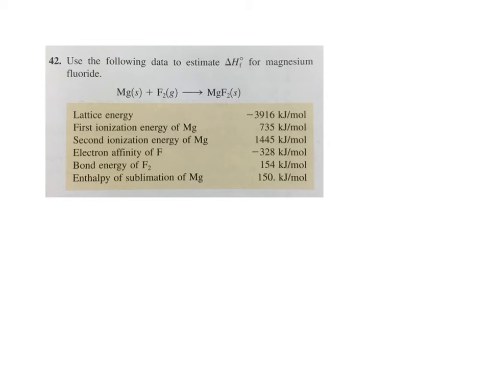All right, so this last one, the thermochemistry problem, goes back to the idea that the change in enthalpy for a reaction can be calculated by breaking it down into steps and then adding all the steps together, so that anything that's not in the reaction gets canceled out, and the energies of all those sub-reactions or steps get combined, and the resulting net energy change is the energy change of the overall reaction.